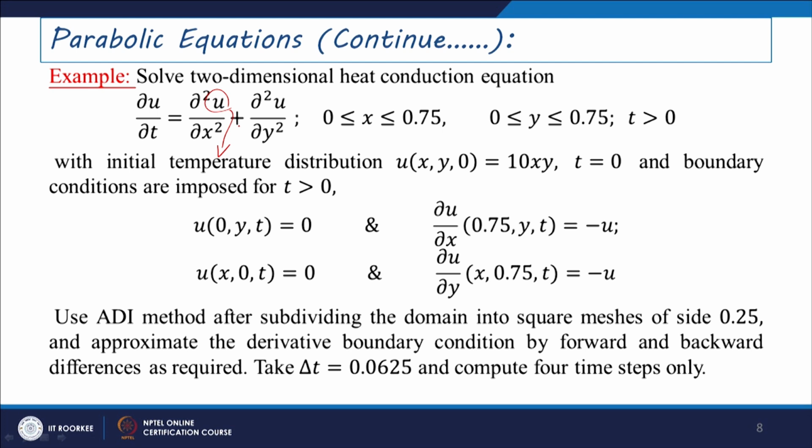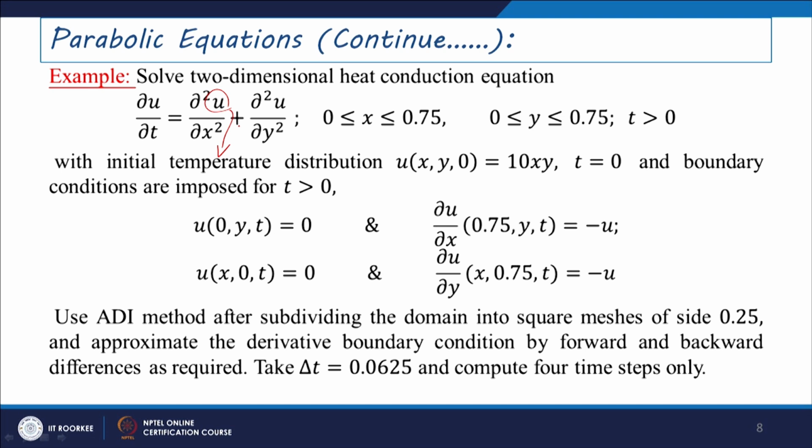The boundary conditions are imposed as u of 0 y t equals 0, and del u by del x at 0.75 y t equals minus u; u of x 0 t is 0, and del u by del y at x 0.75 t equals minus u.